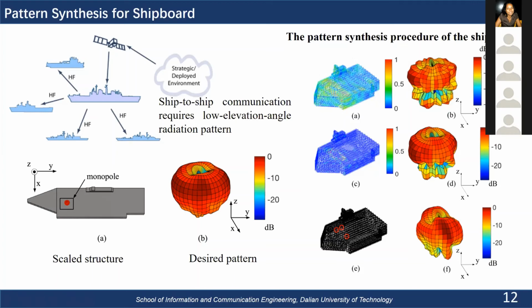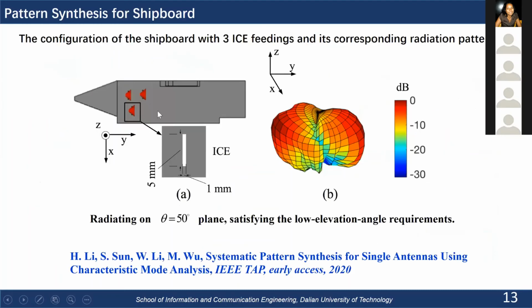Then we use the L1 solver to make the feeding vectors more sparse. Then we got this figure, figure C. Then we can see that there are fewer non-zero elements in the feeding vector. And then we take the local maximums and choose only 3 feeding points like this. Now this is the result. We just put 3 feeding elements here.